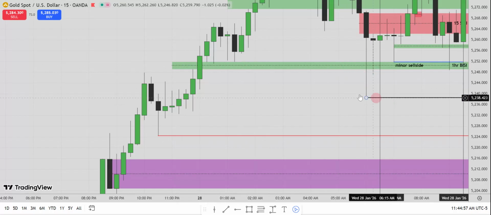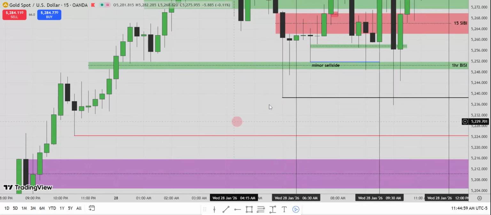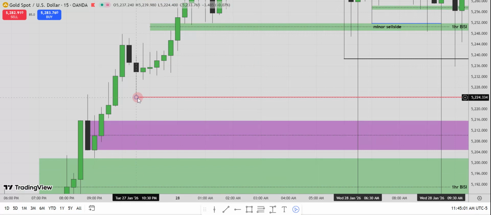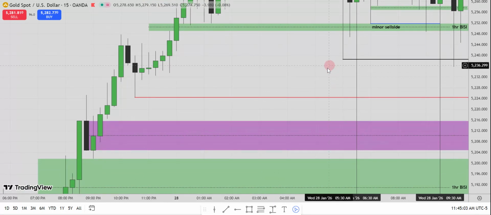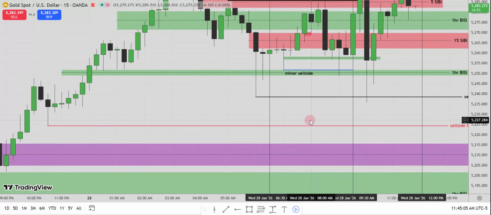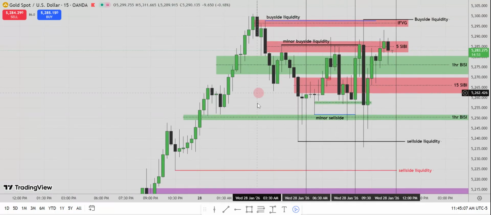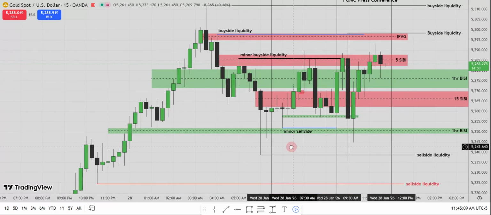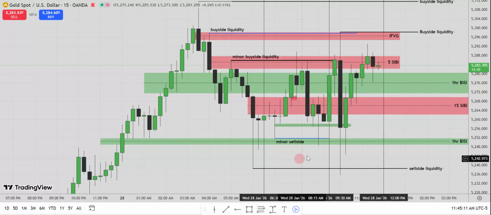This was taken out by this one, so I will have marked this, and this one. This right here is a rejection block. So basically, from pre-market session to up to now, we only use this liquidity and this liquidity right here, and this one here.